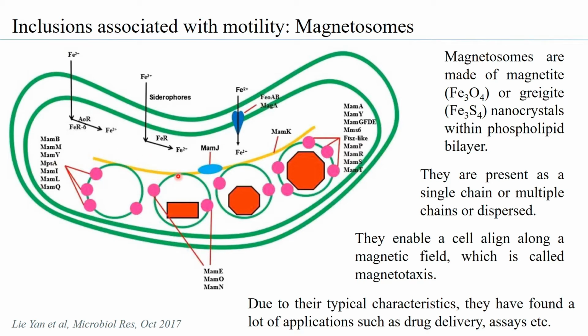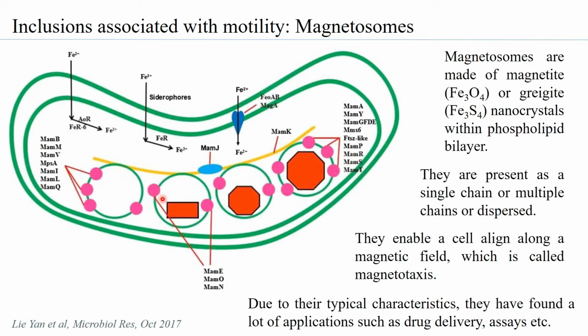So as you can see, these are membranous structures, right? And there are several proteins present on these membranous structures that enable ions to be taken up, in various different forms. So you could have them take up primarily greigite or magnetite.